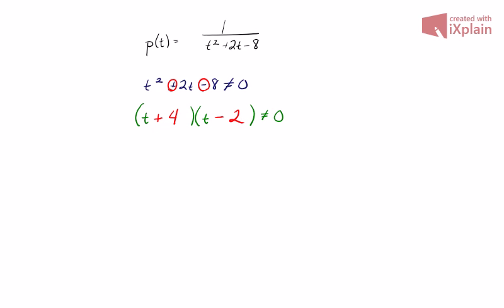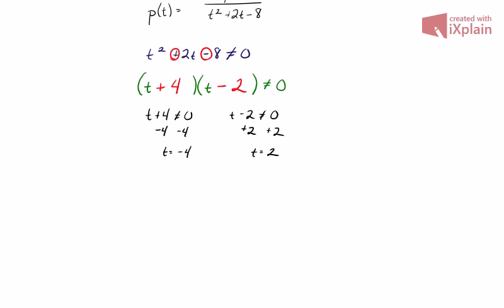So now I can actually just get down to the nitty-gritty of it. I'm going to use my zero product property and break it down and start solving for t. So I'm going to get t is equal to negative 4 and t is equal to positive 2.